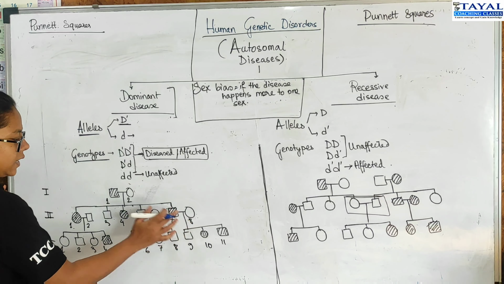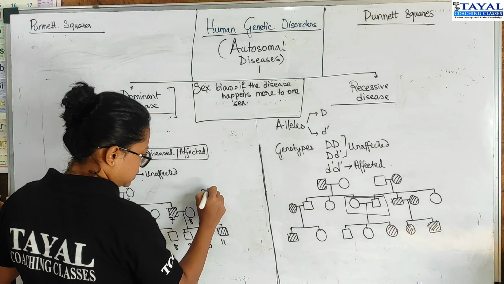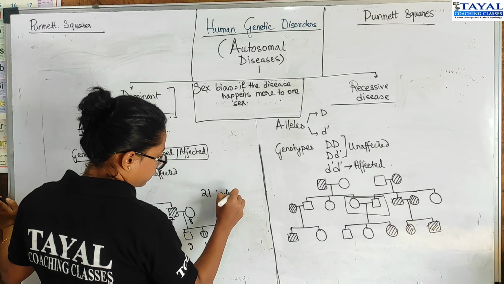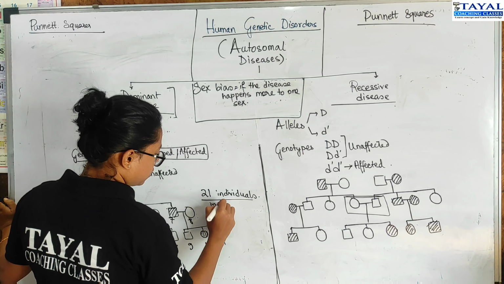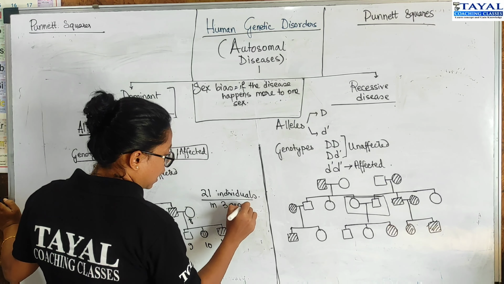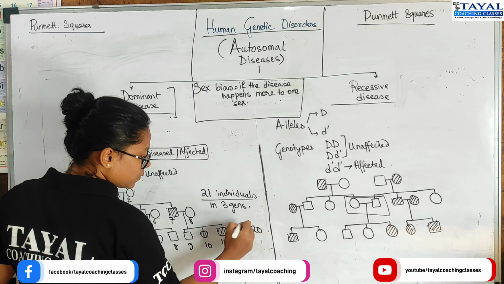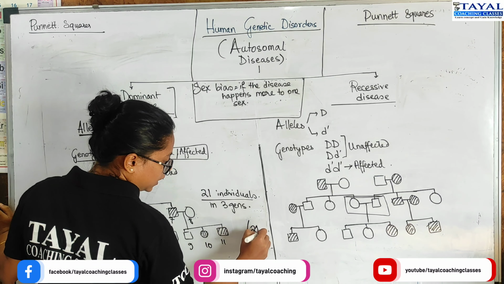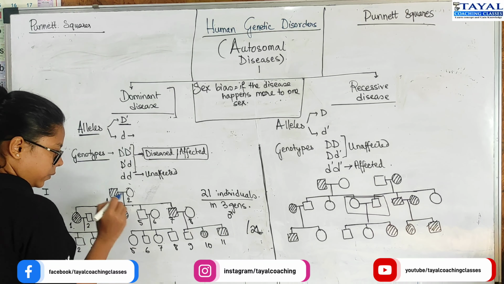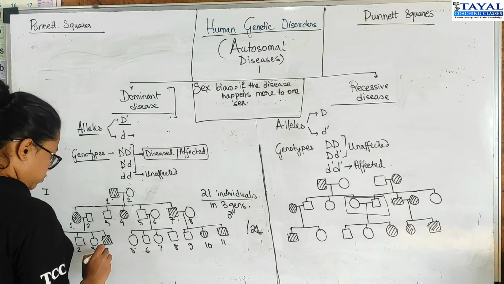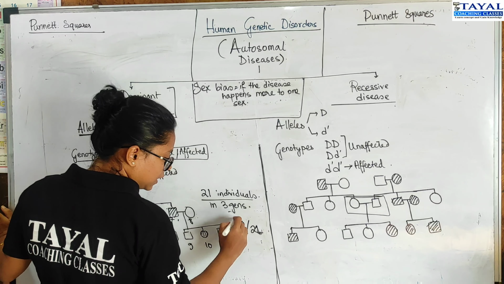So you have a total of 8 plus 2, 10 plus 11, 21 individuals in this family on the pedigree, in 3 generations. Out of 21, how many males have the disease? So 1, 2, 3 and 4. 4 out of 21 males have the disease.